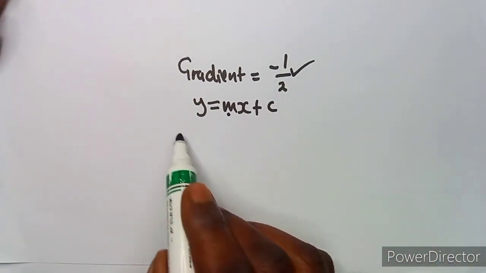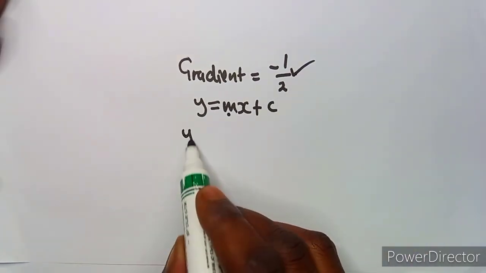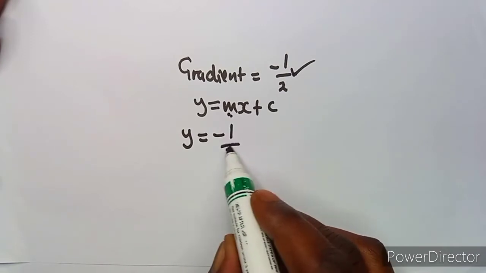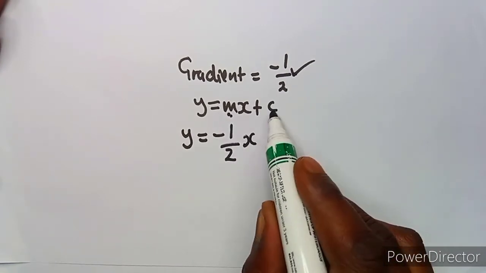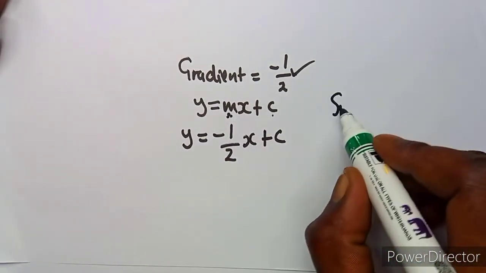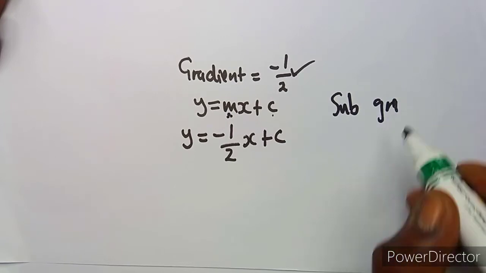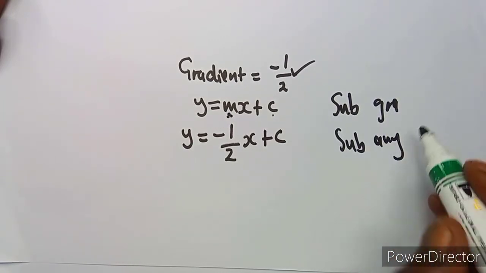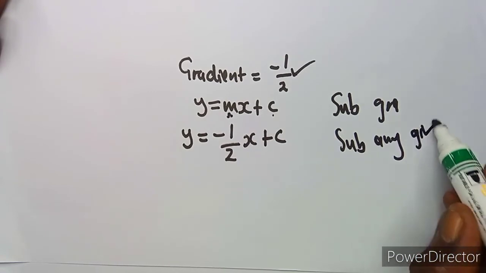So let's substitute the gradient, which is minus half. So y is equal to m, you substitute the gradient, minus half x, like this, plus c. So the first stage, you substitute the gradient. Then the other part, you substitute any given point.